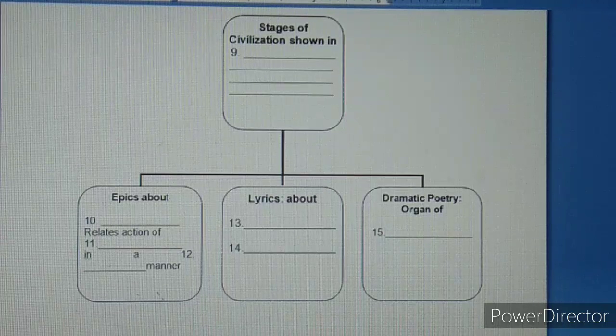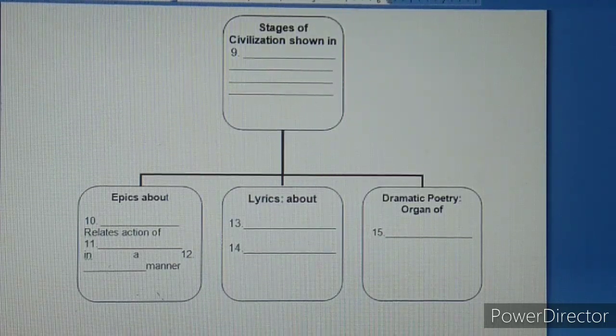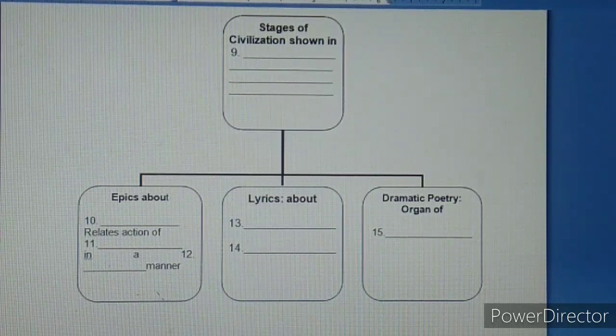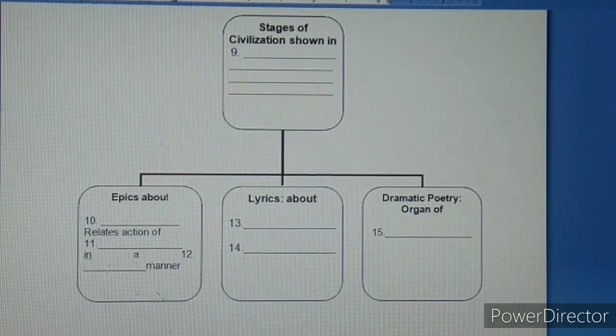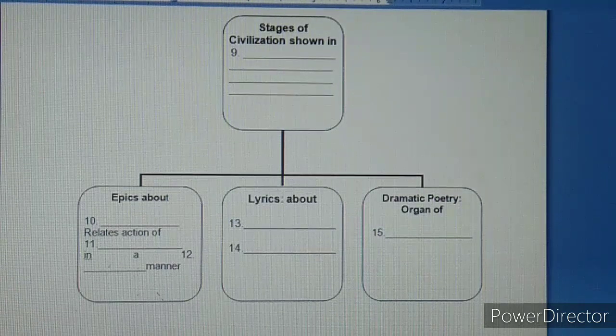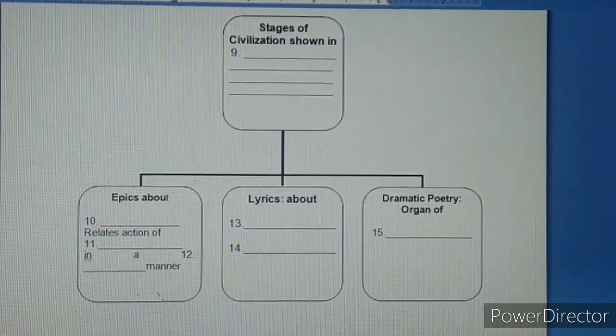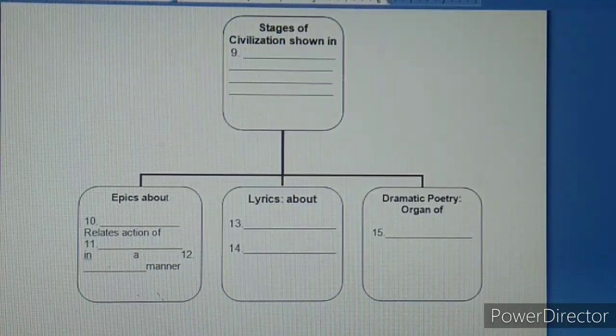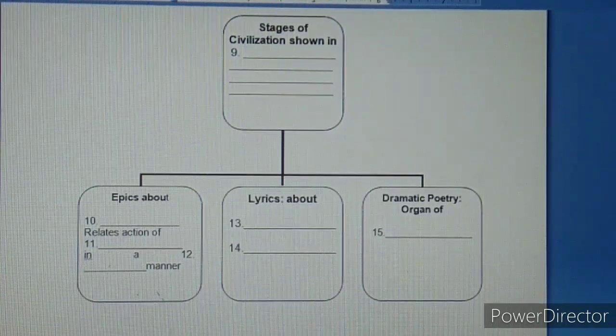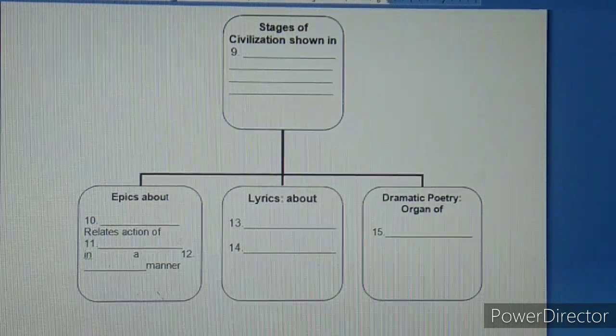Number 11, relates action of great heroes told. Number 12, in a noble and grand manner. So that's it for numbers 10 up to 12.